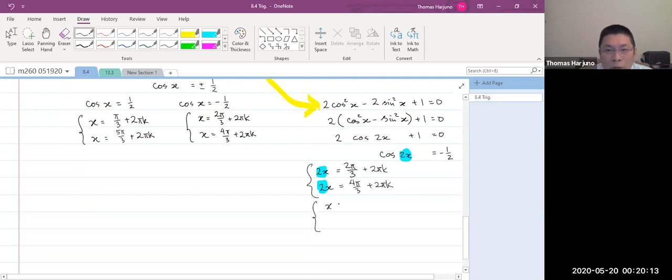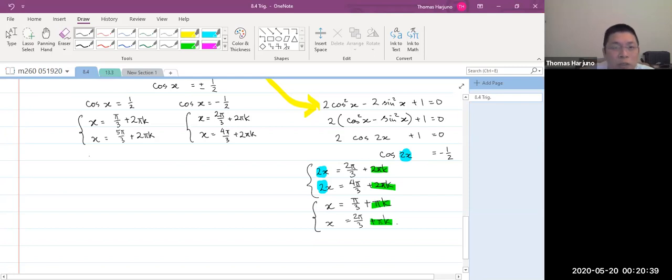So if I divide by 2, I will get pi over 3 plus pi k. Don't forget, you divide by 2 also. This guy divides by 2 also, and this guy later on also divides by 2. So x equals 2 pi over 3 plus pi k.